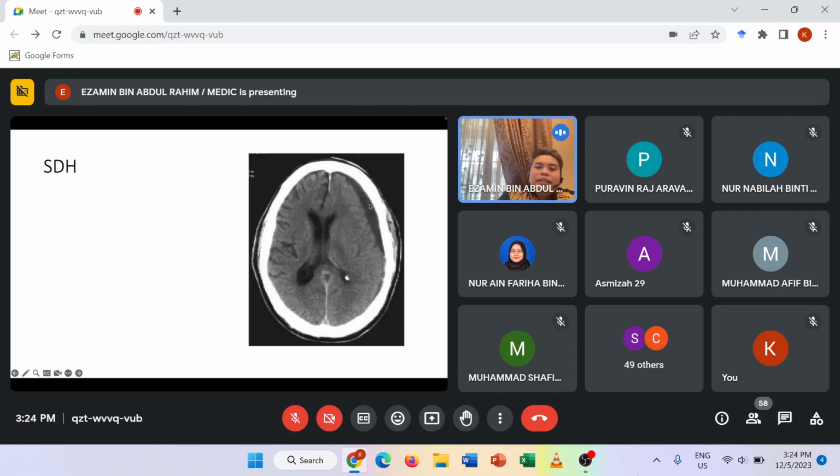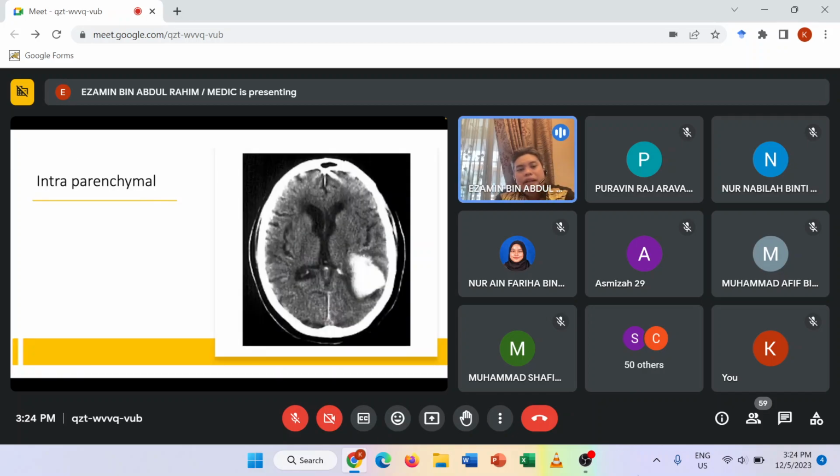If you notice, this collection is hypodense, because it is already chronic, more than 24 or 30 days. But you can still see the collection there. Alright. This is intraparenchymal bleed. Normally seen on few occasions, but most of the time from our experience it is hypertensive bleed. Okay.